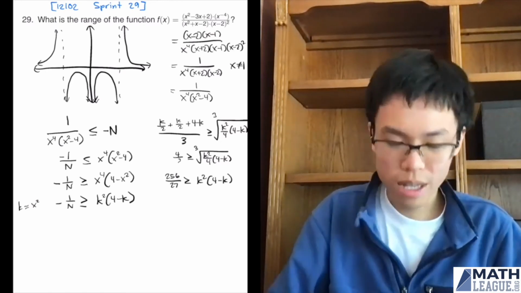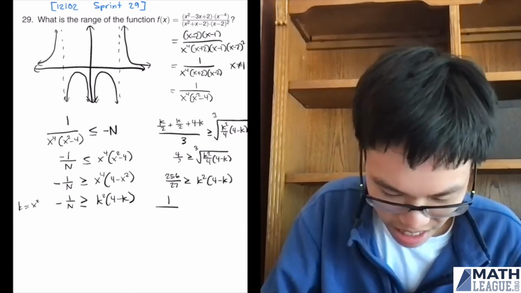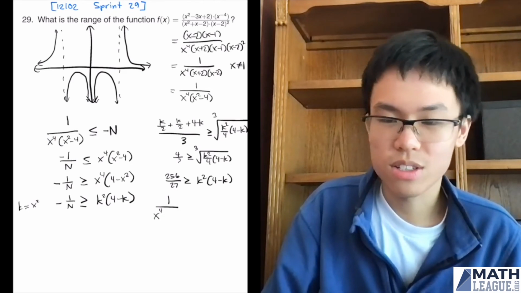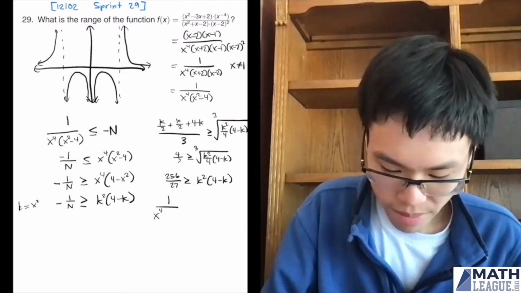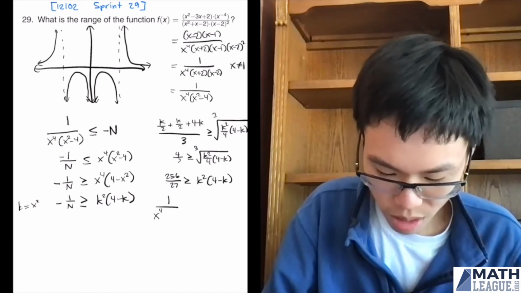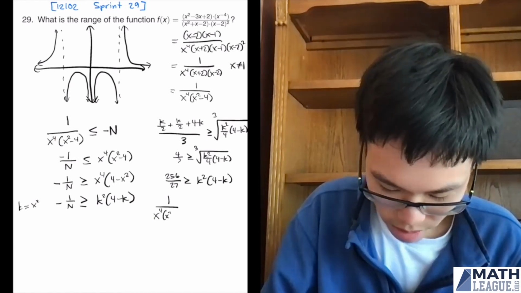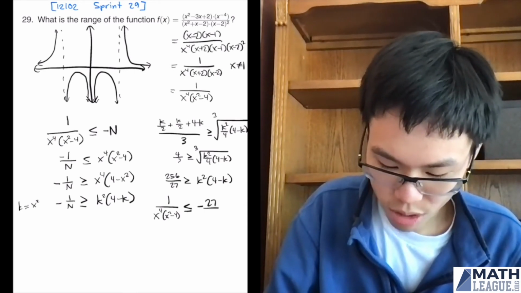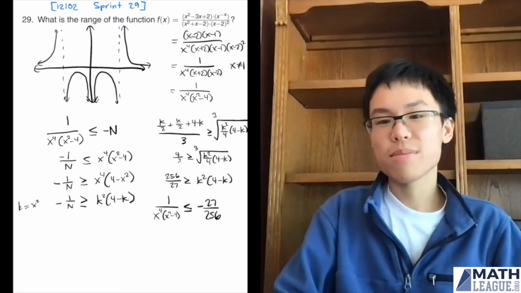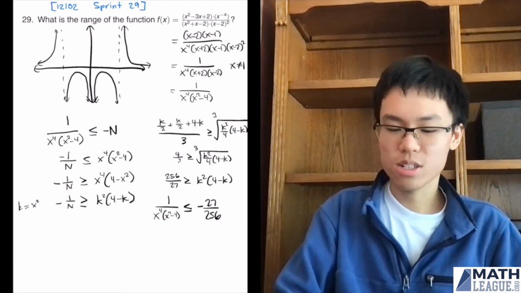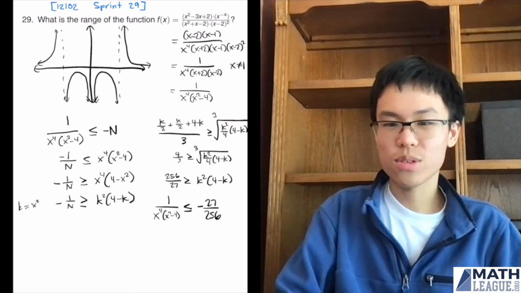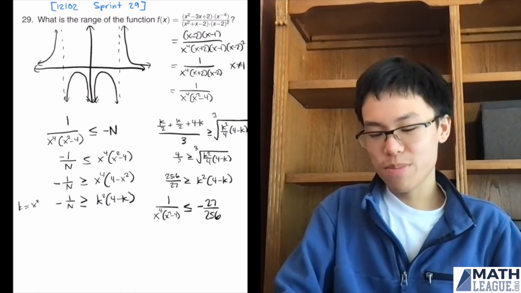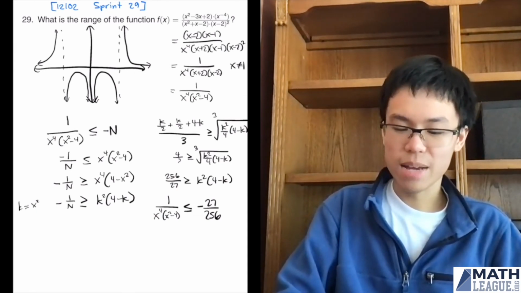And then going all the way back, we can get that in the negative case, where we're going from 0 to 2 or -2 to 0, 1 over x to the 4th times x squared minus 4 is going to be less than or equal to -27 over 256. The AM-GM also has an equality case where k over 2 equals k over 2 equals 4 minus k, which basically means that the equality case can happen.